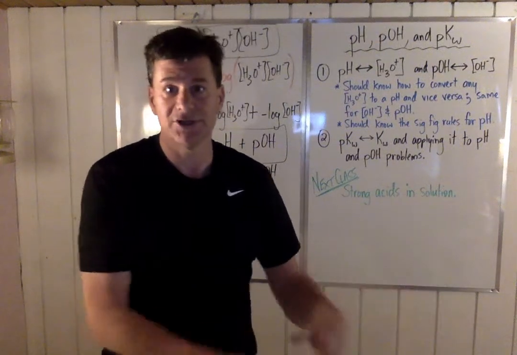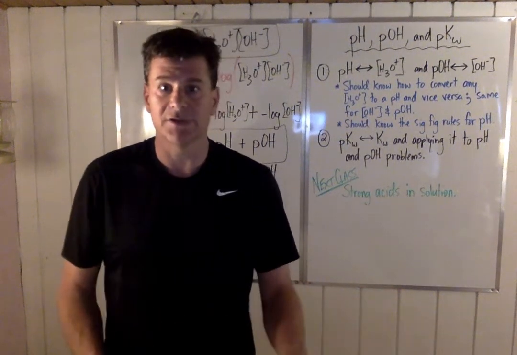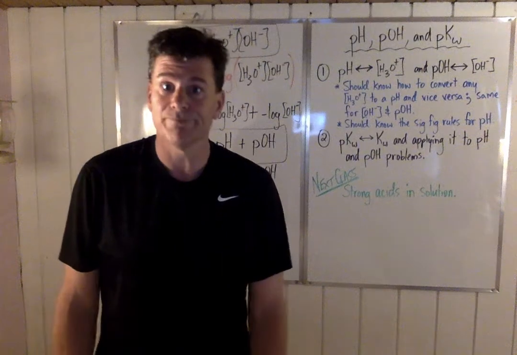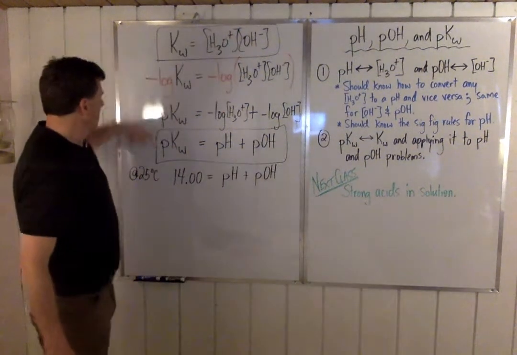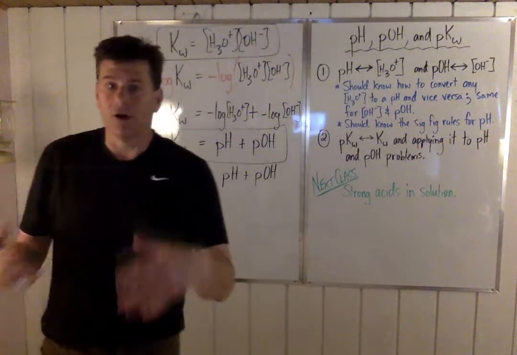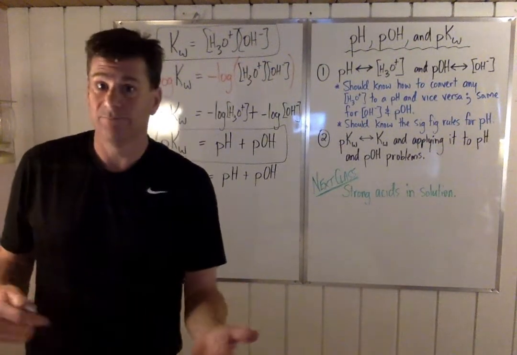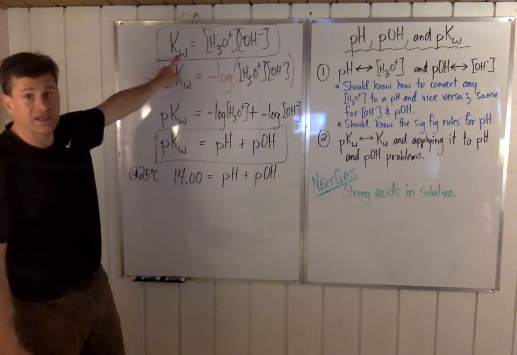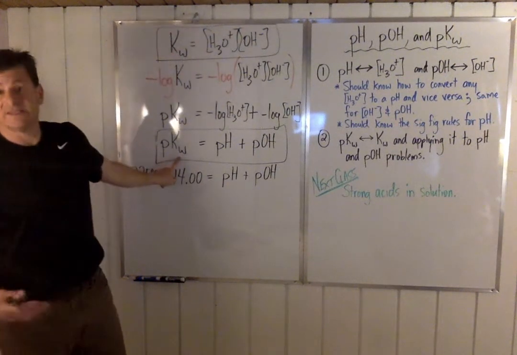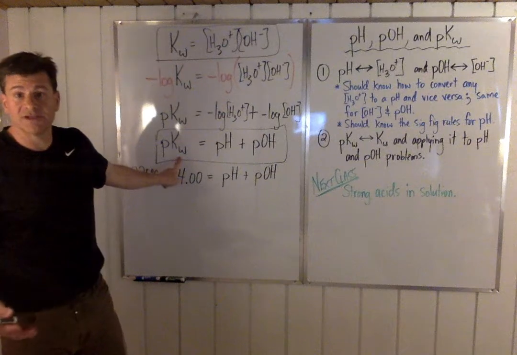Once you know the pOH, you subtract it from 14 and you've got the pH. So these two relationships are always true at 25 degrees. You happen to know this is 1 times 10 to the negative 14, and this is 14. So you can apply those all you want.